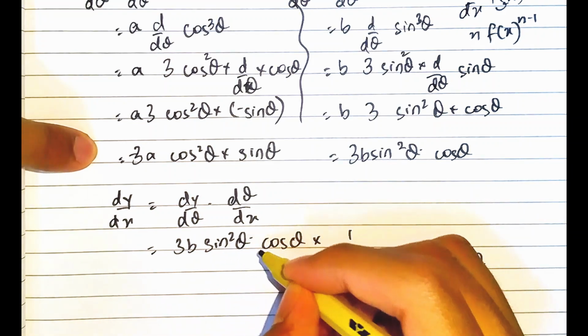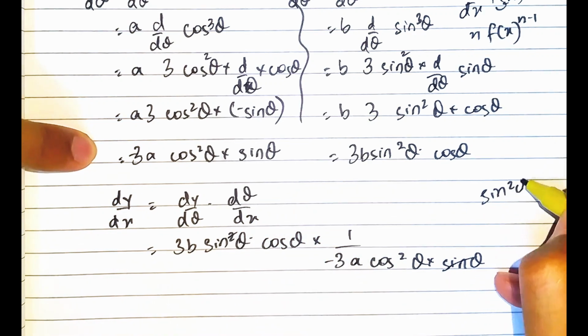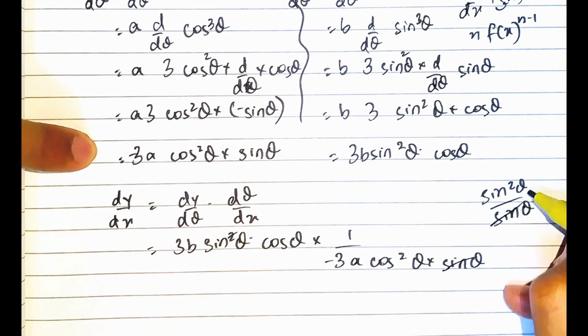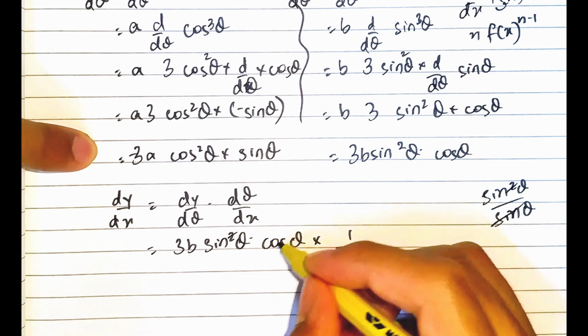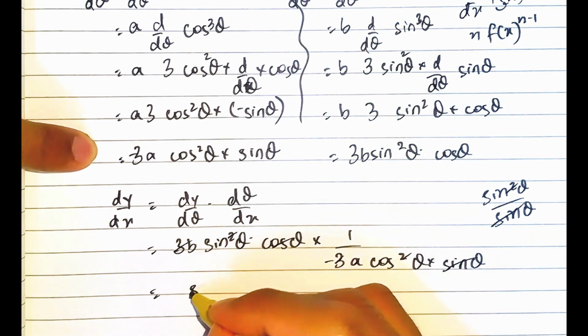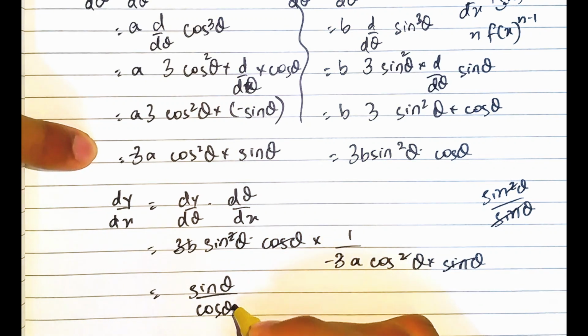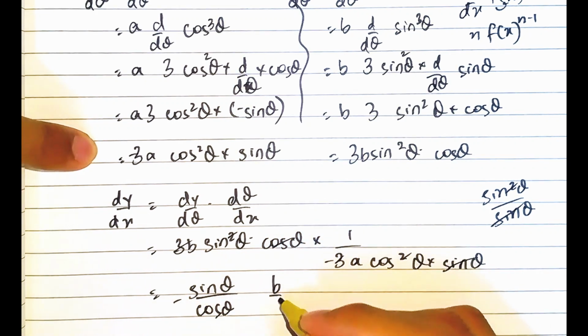So sine theta would be cancelled by sine power 1. Of course, we have sine square theta and we have sine theta, so only one power will be cancelled. Then we have cos square theta, same thing. Then 3 would be cancelled by 3, so we are left with sine theta divided by cos theta, okay, then the negative sign, and then b over a.